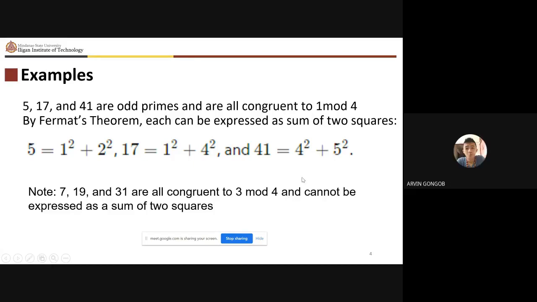Yes, ma'am. So we understand that 5, 17, and 41 are expressible as a sum of 2 squares?